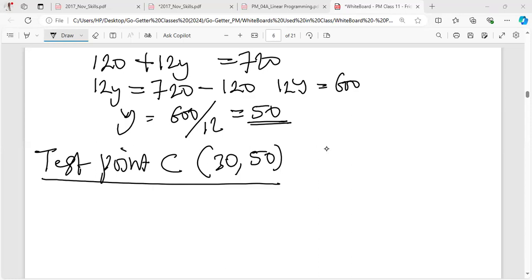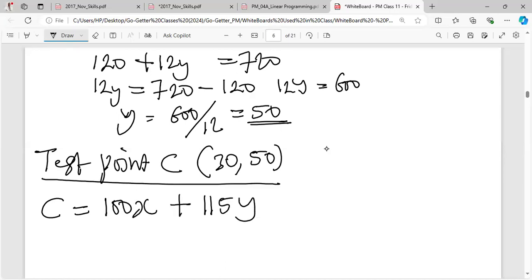Now that you've known your x and y, we need to now test C. We said our C is 100x plus 115y. So this is going to be 100 multiplied by 30 plus 115 multiplied by 50.